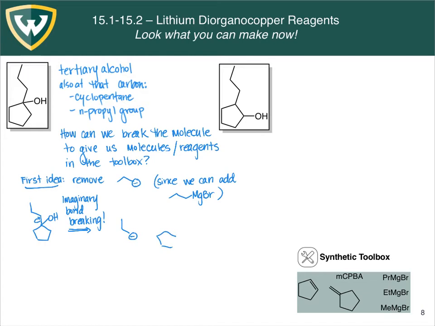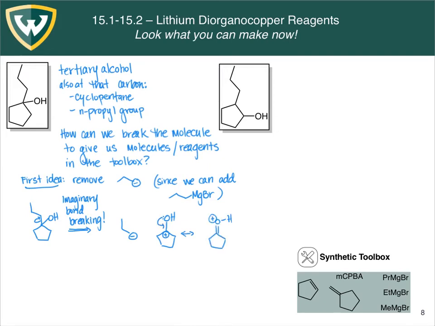And don't forget the other side, we now have a plus at this position. So now we need to think about what is going to react like this molecule. Okay, so one way to check on that is to look at the resonance forms of your cation.